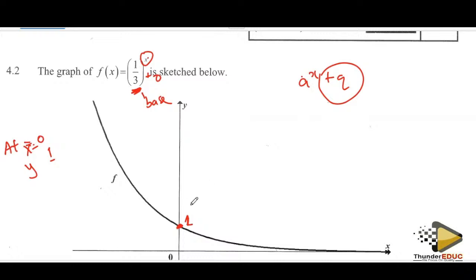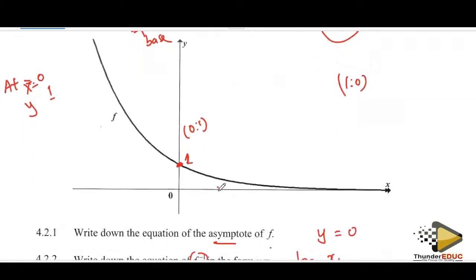When I'm drawing my inverse, the point that was (0, 1) will have to become (1, 0). So if I have my 1 there, that's where the graph is going to pass. Since the x-axis was an asymptote, in this case the y-axis is going to be our asymptote. So we can just sketch nicely, as long as it passes through here and moves in that sort of direction.